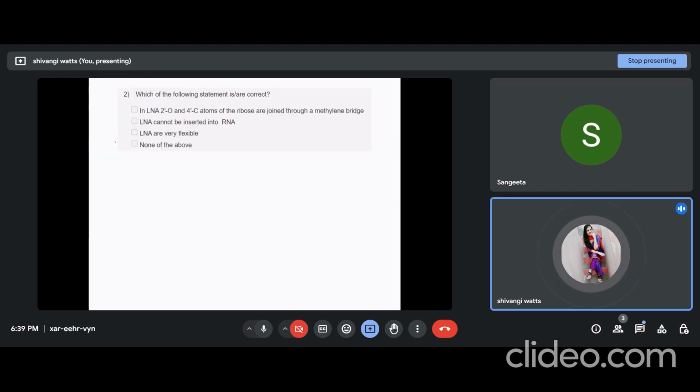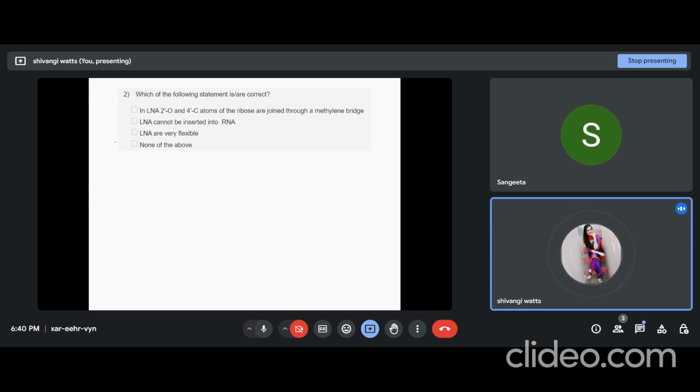Moving to the next question, the second question. We have to tell which of the following statements is correct. It can be one or two statements, or it can be all. The first option is: in LNA, the 2-O and 4-C atoms of the ribose are joined through a methylene bridge.